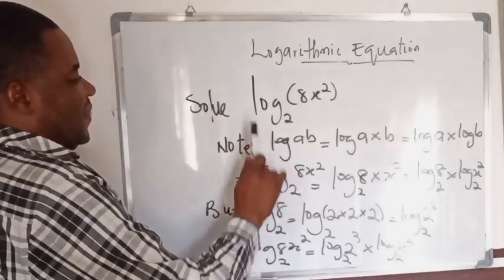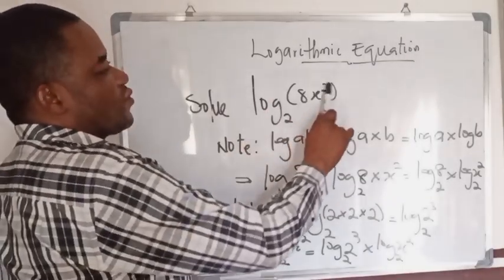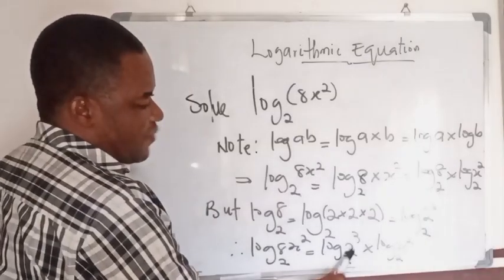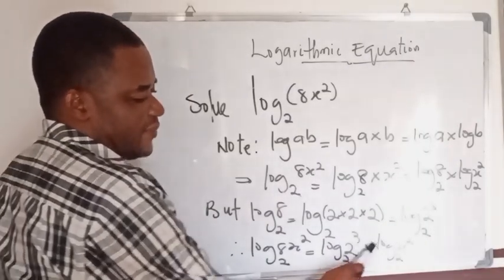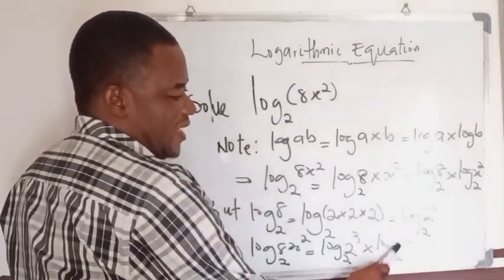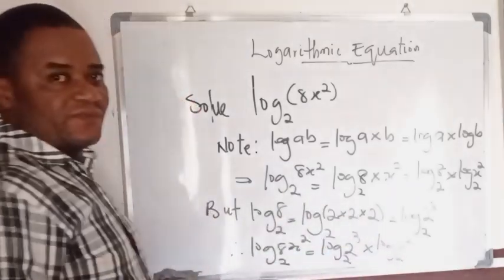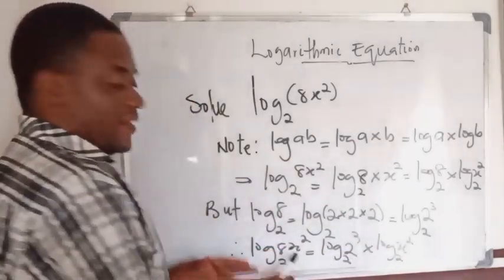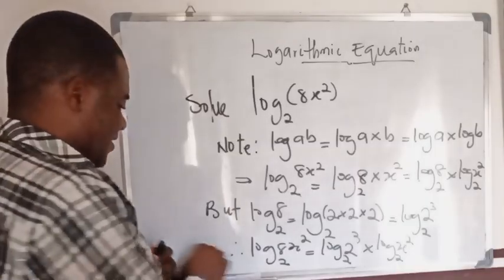So it means that log of 8x squared base 2 can be written as log 2 raised to power 3 base 2 times log x raised to power 2 base 2. We can still go further to solve this because this is not the solution of the problem.